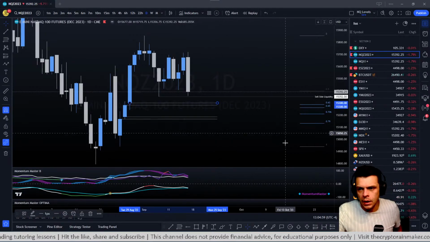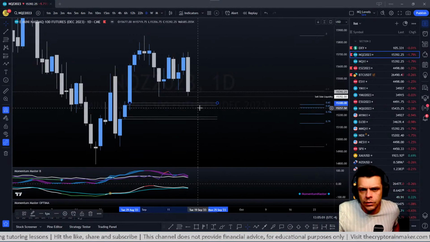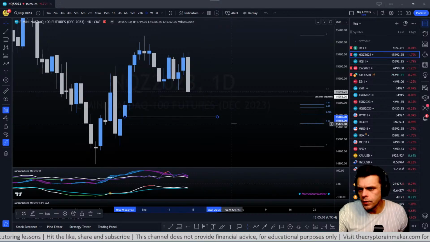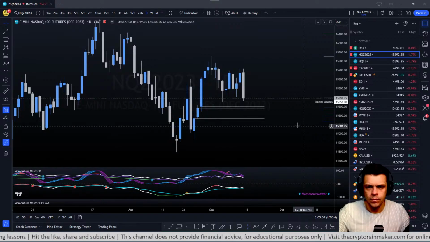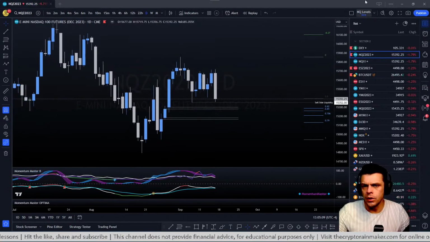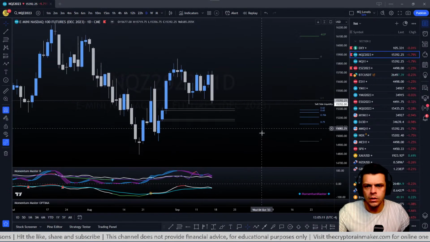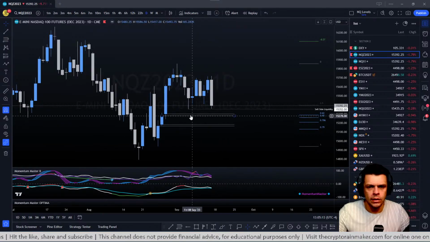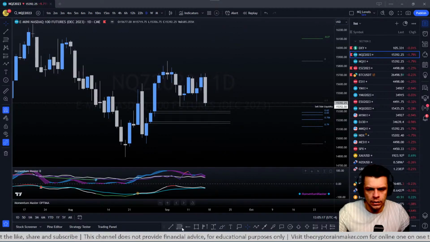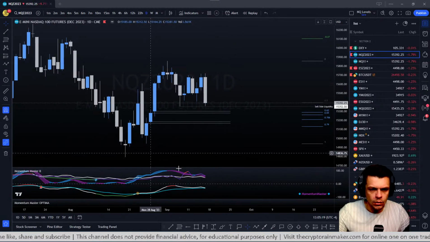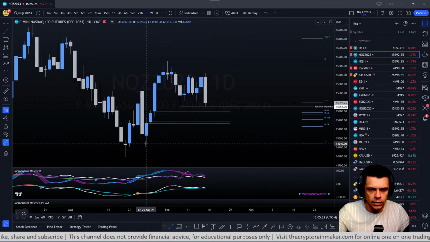So this volume imbalance starts at 15,300. The next one is at 15,185. So seeing that the dollar is reaching for higher prices, it seems likely that the Nasdaq will gravitate towards these inefficiencies in the chart. And then also we have this low right here.